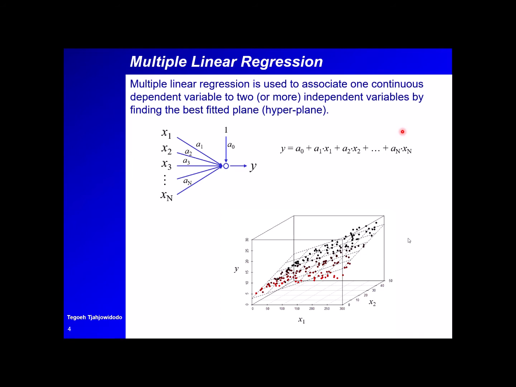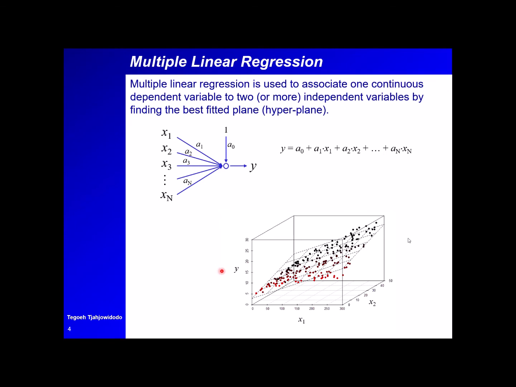If you have two inputs x1 and x2 and one output y, then instead of a line you will have a plane to correlate x1, x2 to y. If you have more than two input variables, x1, x2, x3, x4 until xn, then you can see it as a hyperplane, a plane in higher dimensional form.